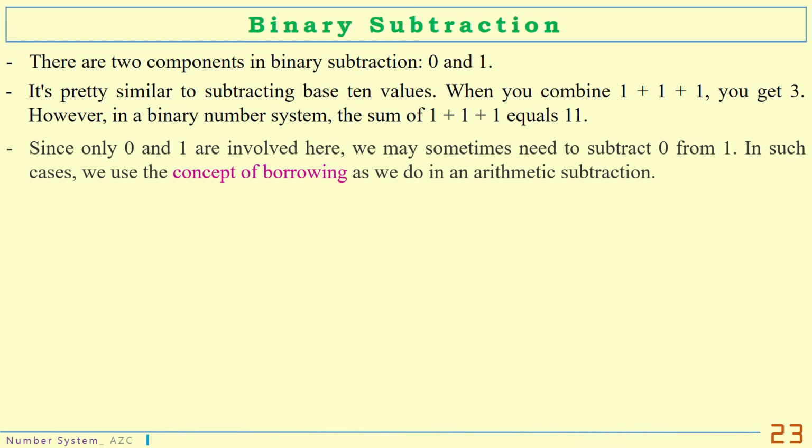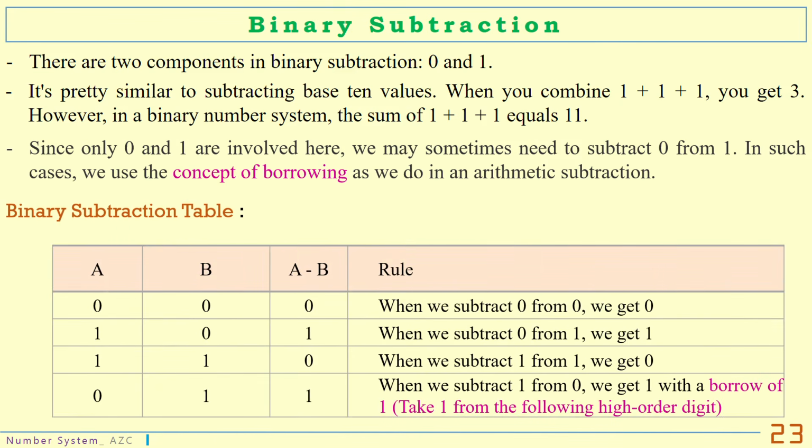Since only 0 and 1 are involved here, we may sometimes need to subtract 1 from 0. In such cases, we use the concept of borrowing as we do in an arithmetic subtraction.